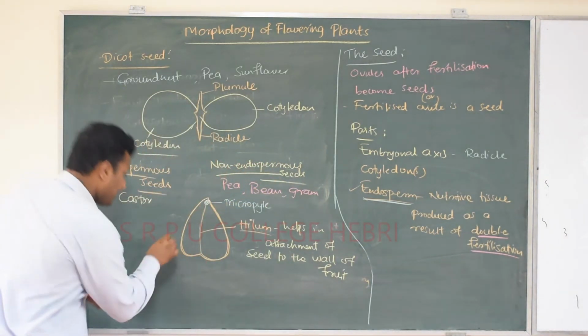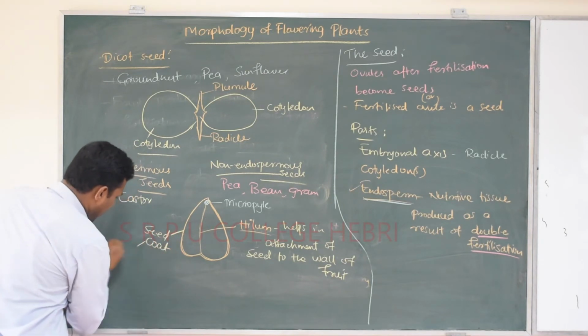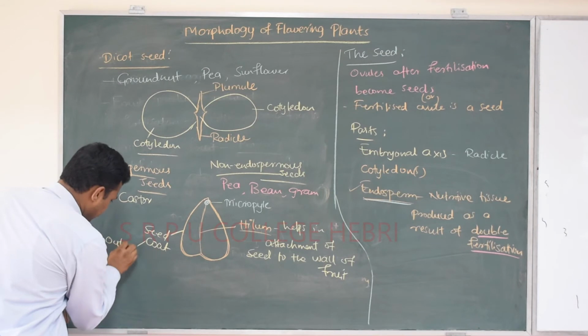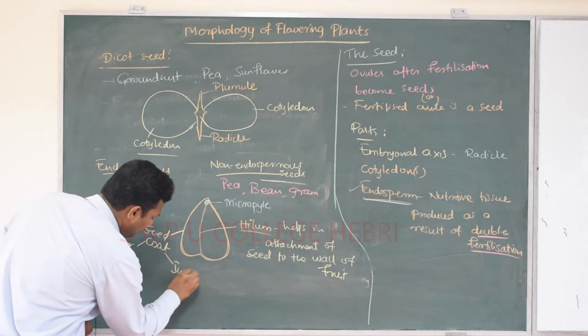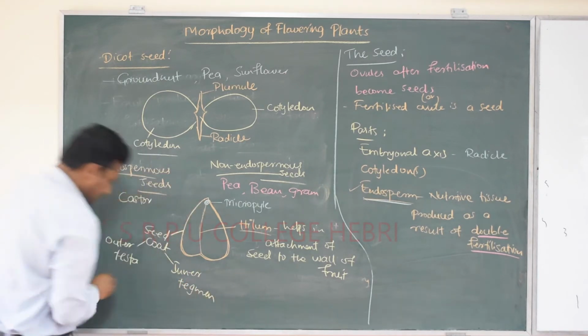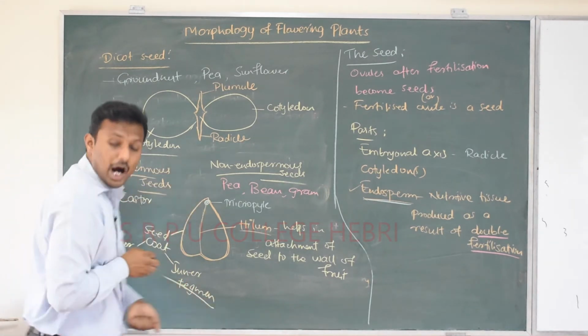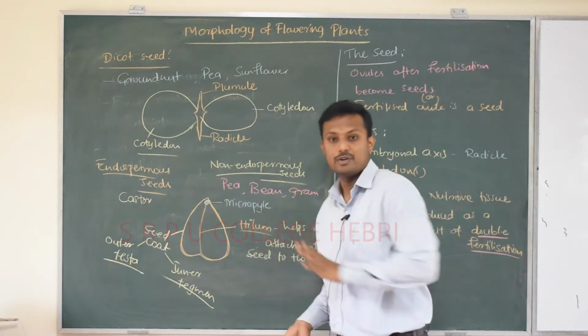Outer seed coat is called testa. Inner seed coat is called tegmen. Testa and tegmen are the two layers of the seed coat in the case of a dicot seed.